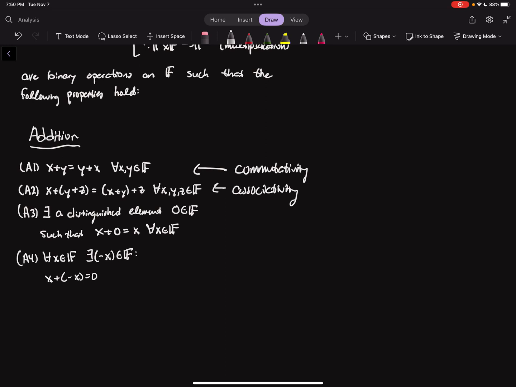The third is identity, like the additive identity. And the fourth one is about inverses of elements. Okay, and we've described how the addition behaves, but let's also describe how the multiplication behaves.